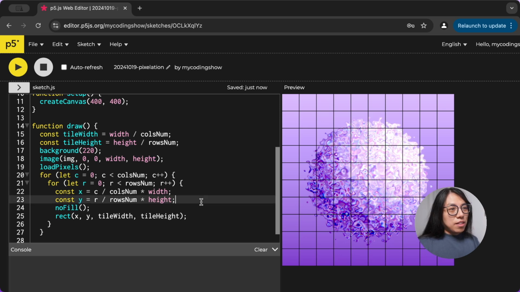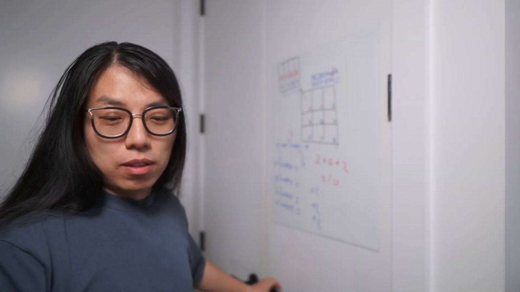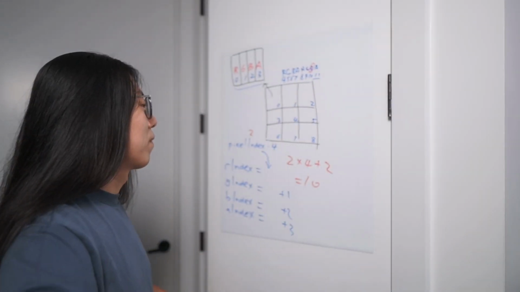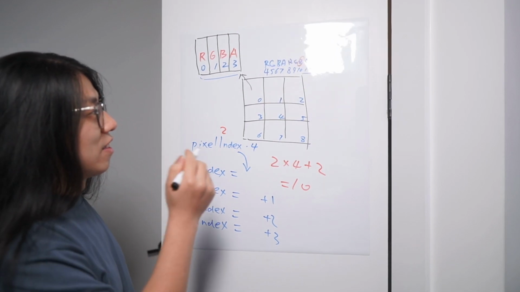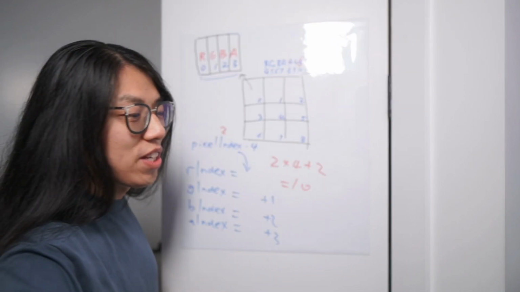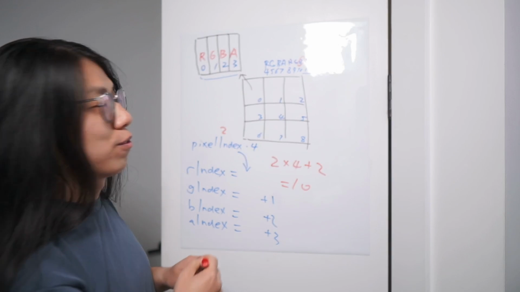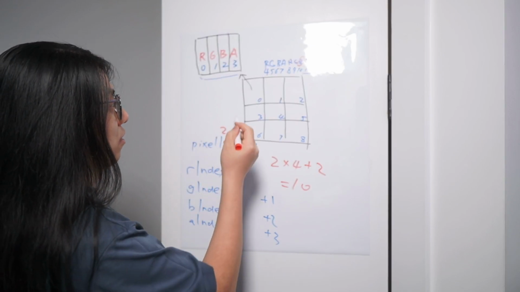How do we get the pixel index, that index we just talked about? Let's get back to the camera again. The information we have actually is x and y instead of the pixel index, so we first have to figure out how to even get the pixel index.